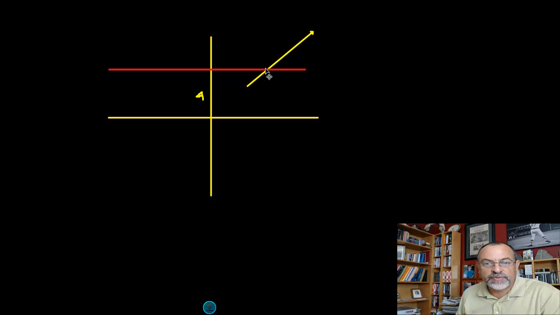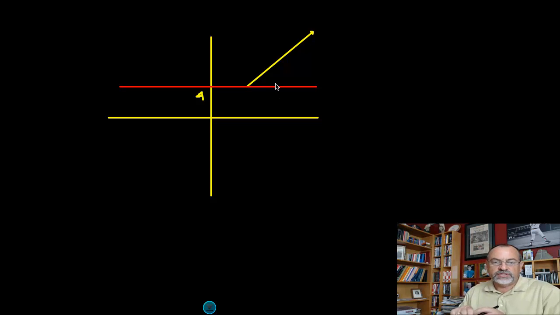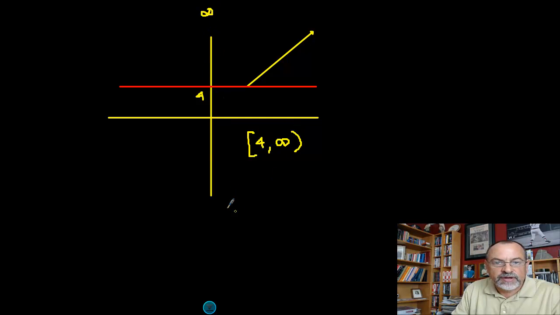As I go up here, we see that the horizontal line will continue to touch that function no matter how far we go up the y-axis. So the range values, much like the domain values, begin at 4, 4 is included, and then they go up to positive infinity. In this case, positive infinity is up here and negative infinity is down here.